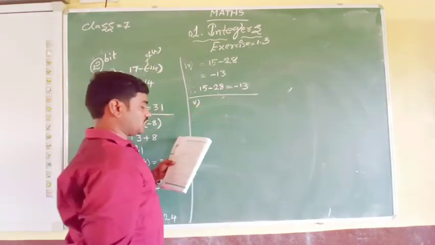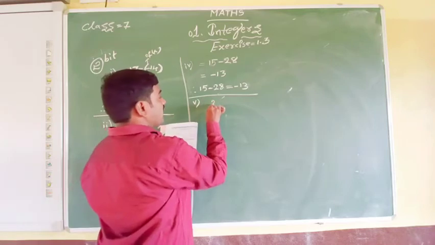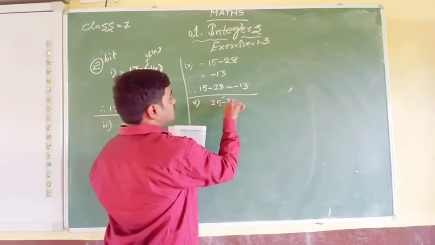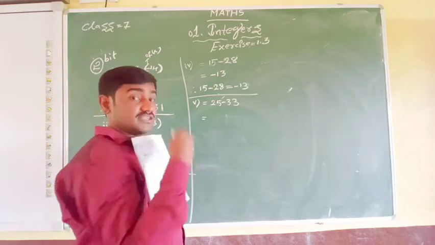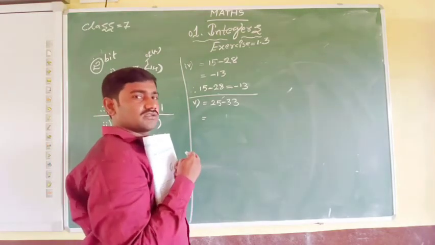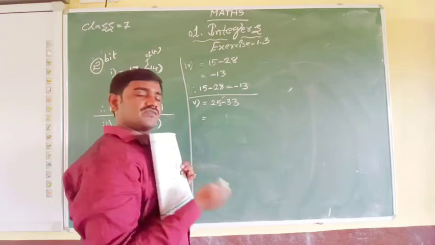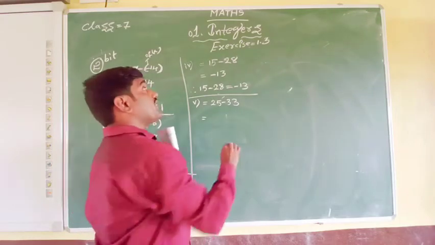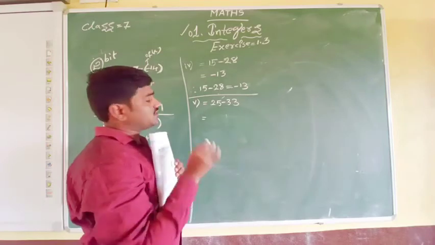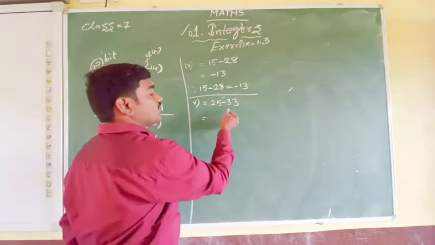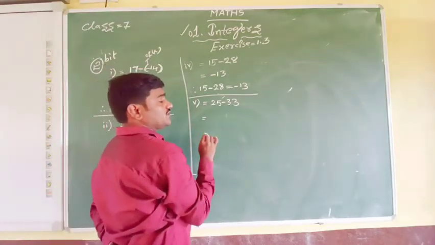Let us go for the fifth question now. 25 minus 33. From 25 can we subtract 33? We have only 25. Can you subtract 33? Yes, we can subtract when you have knowledge about integer numbers. Let us do it once.